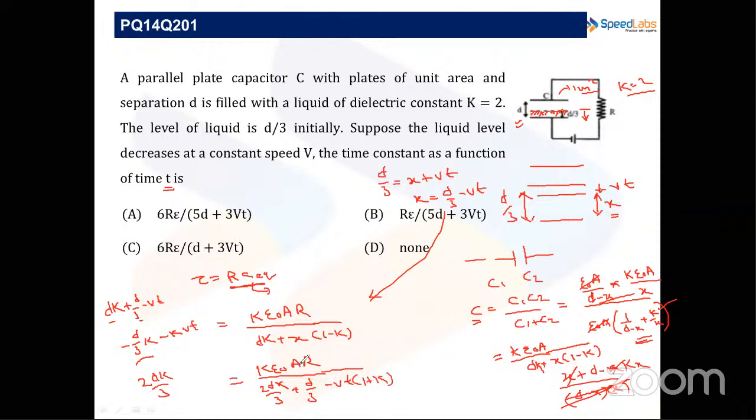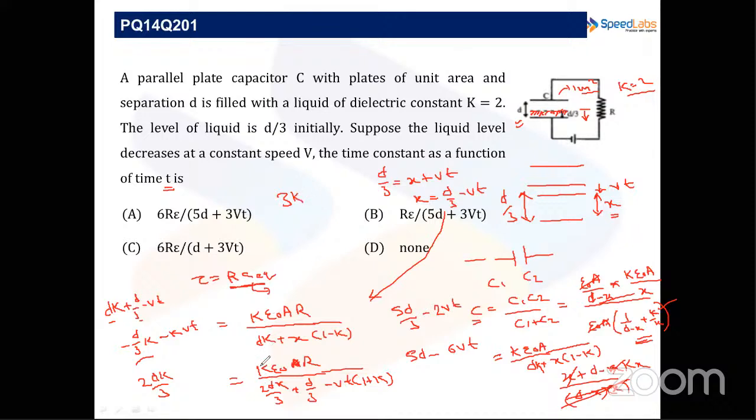Now let's just put the value. A is 1, so this can be neglected because area of cross section was 1, and k is also 2. So it is like 4d by 3 plus d by 3, that is 5d by 3. So I will get 5d by 3 minus vt into 2, that is 2vt. यहाँ पे LCM ले लो तो 5d minus 6vt divided by 3, and 3 will go up, so it will become 3k.